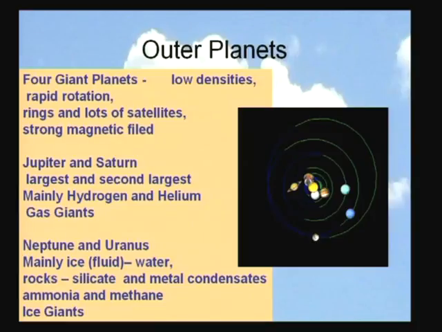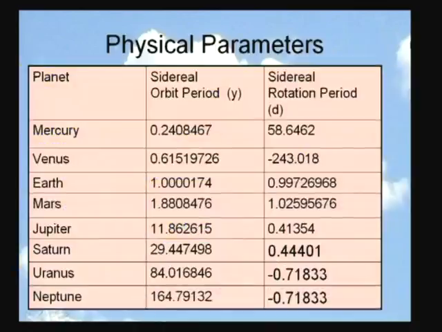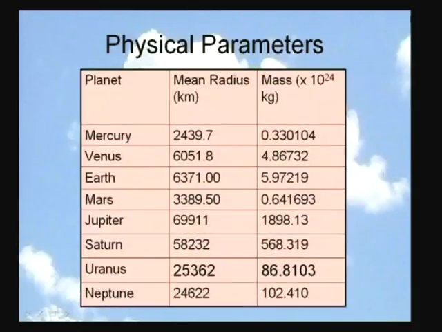Now, these outer planets are much larger, and the 4 outer planets are referred to as giant planets. Let us see why they are referred to as giant planets. Let us look at the masses.